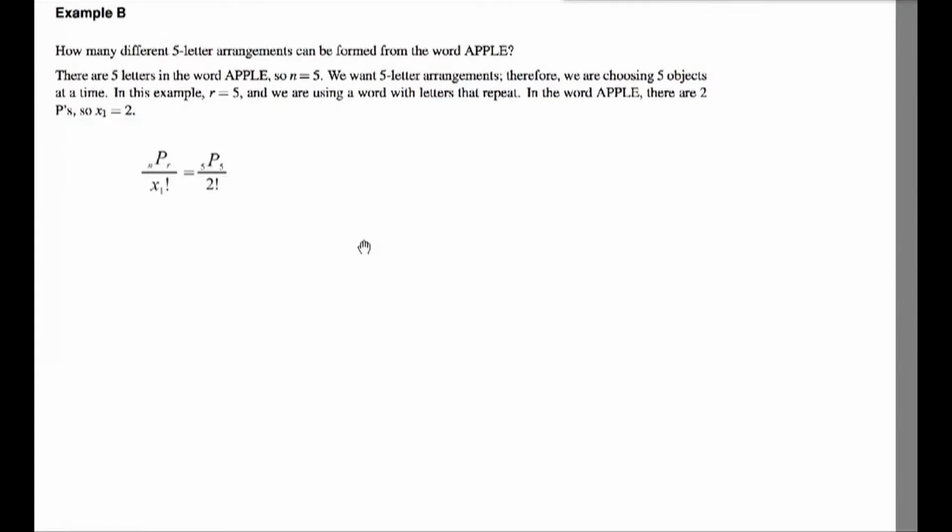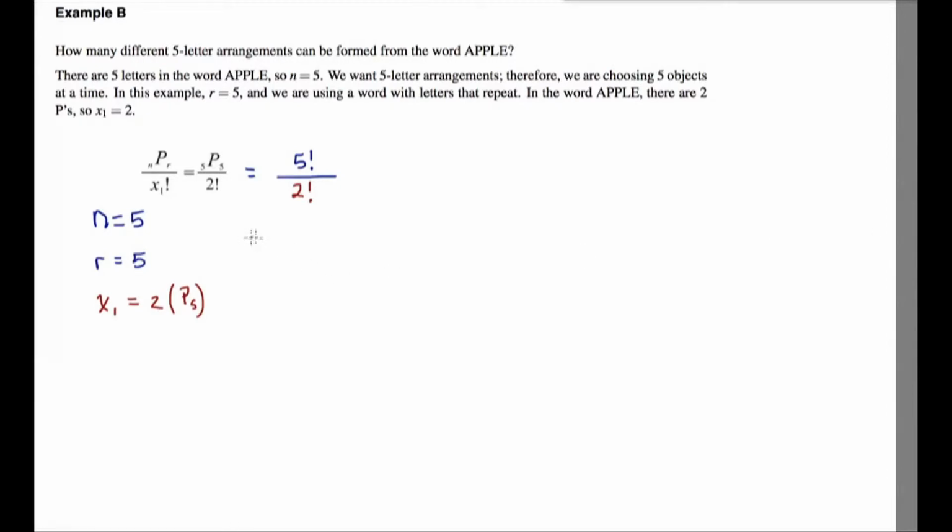So in example B, we have the word apple, and we want to see how many ways we can arrange this. So we have 5 objects again, and we have 5 spaces. So we have n equals 5 and r equals 5. And we repeat 2 P's, so that means x sub 1 would be 2. So I get 5P5 divided by 2 factorial.